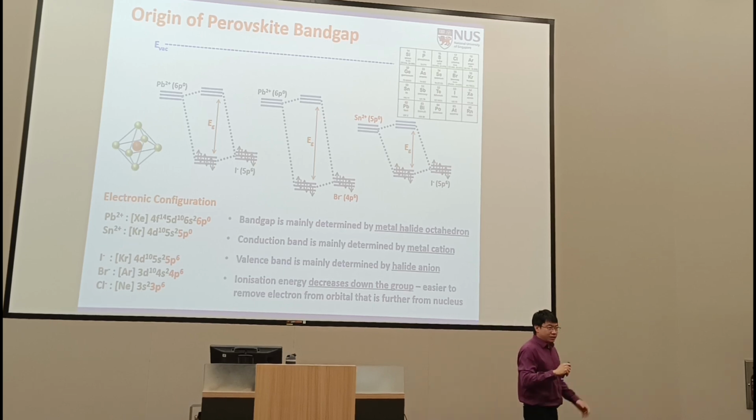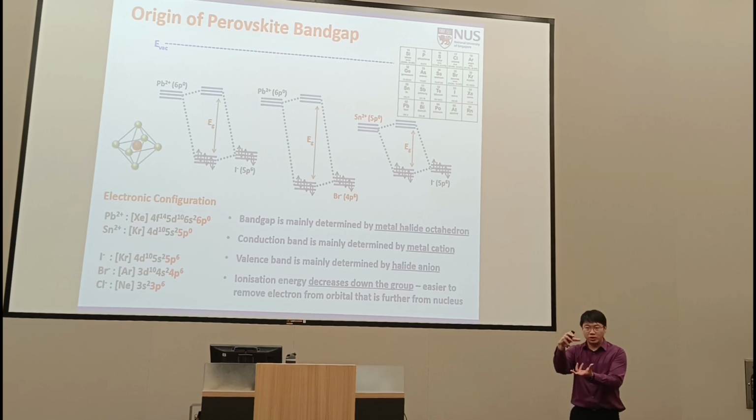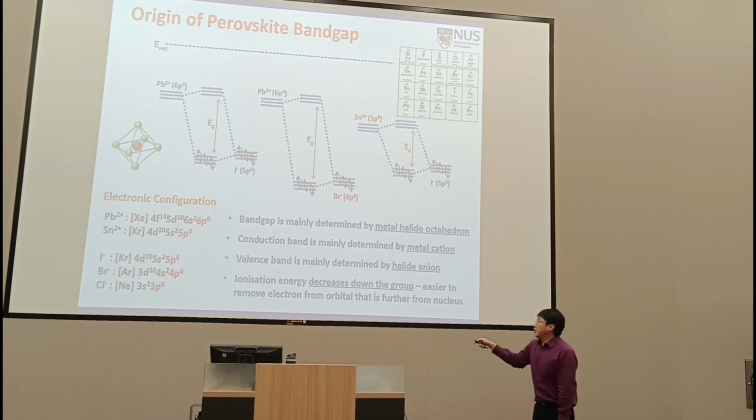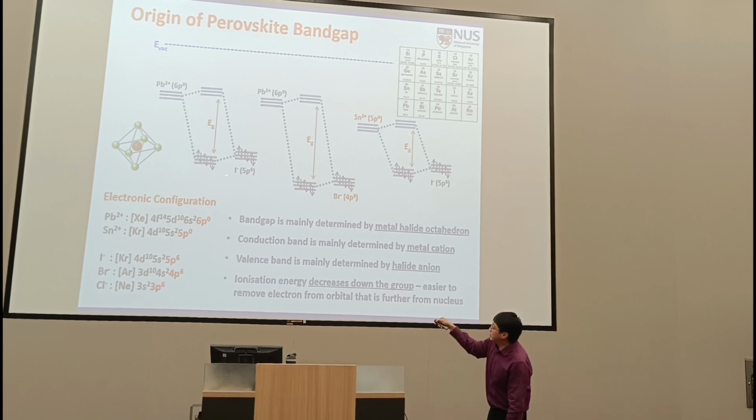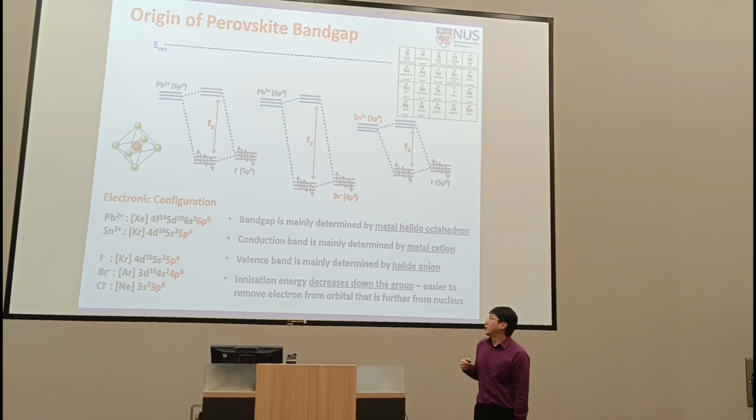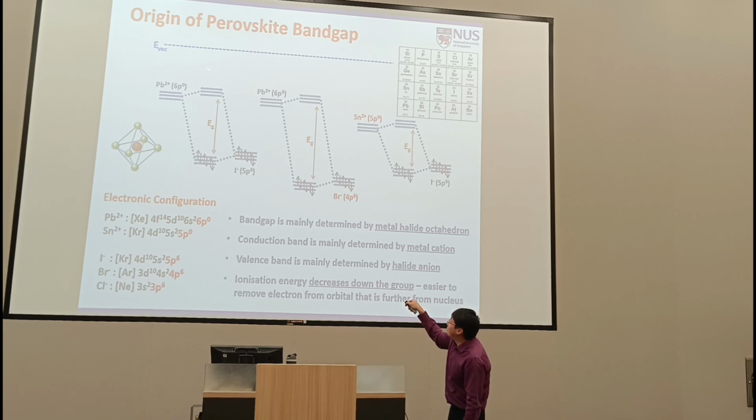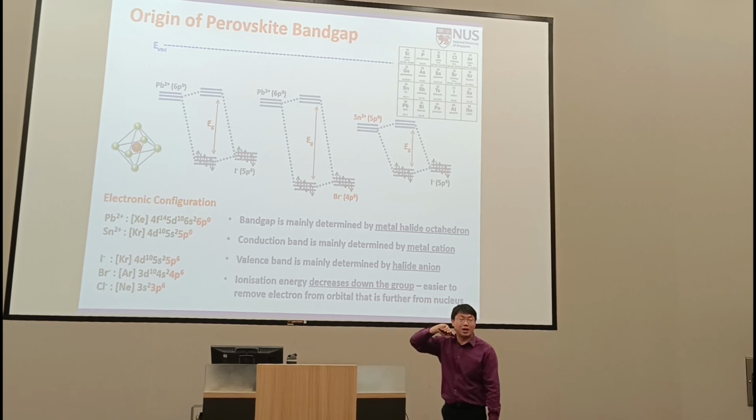Now, lead halide perovskite will consist of an octahedron of lead halide, and it turns out that the valence band has properties of the halide. The conduction band, which is the empty band, has properties of the lead 2+.